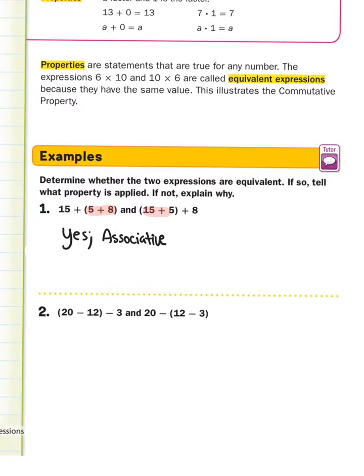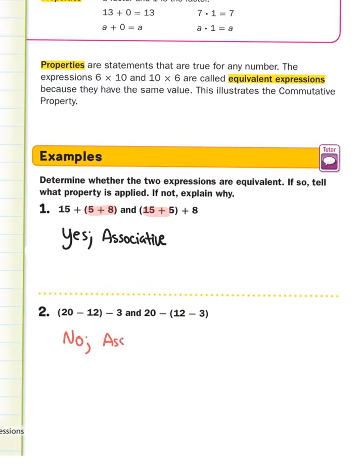Now in example 2, we're going to take a look at it. It looks like associative property at first. We have 20 minus 12 minus 3 and 20 minus 12 minus 3, but the different numbers are grouped. But these would not be equivalent. And the reason it's no is because now we have to explain why. It looks like the associative property, but it doesn't work for subtraction.